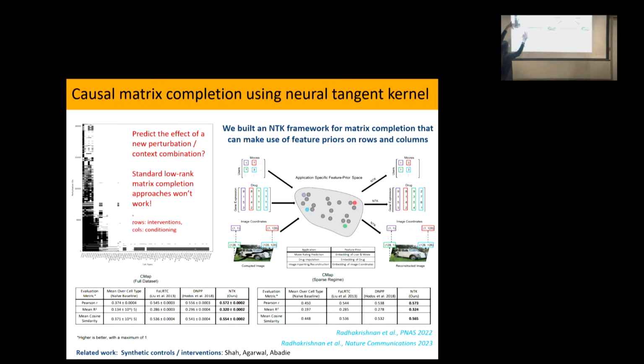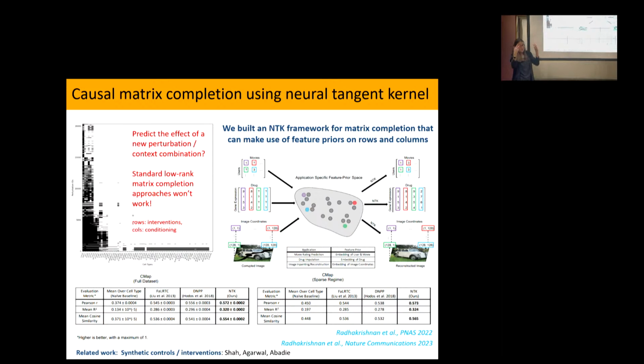What it will use is, it does inner products, of course, because it's a kernel. The inner product is among all of the other cell lines, and all of the other drugs: inner products between two drugs and inner products between two different cell lines.